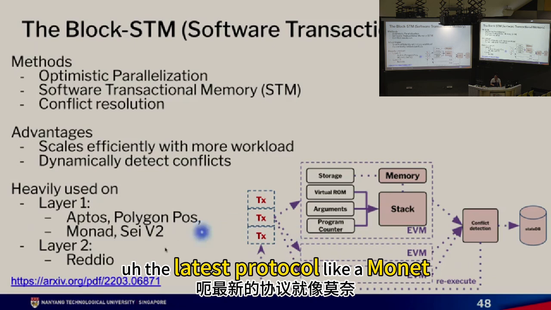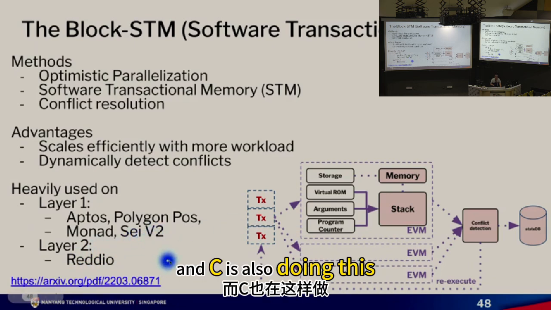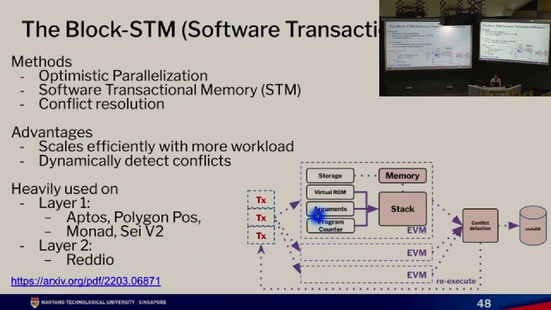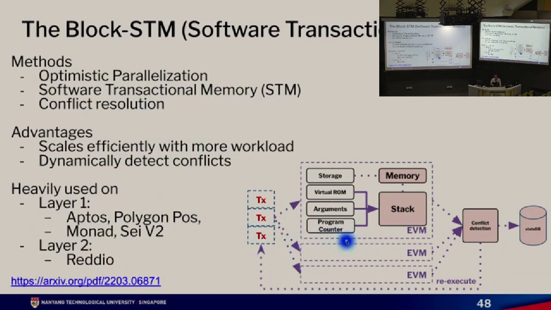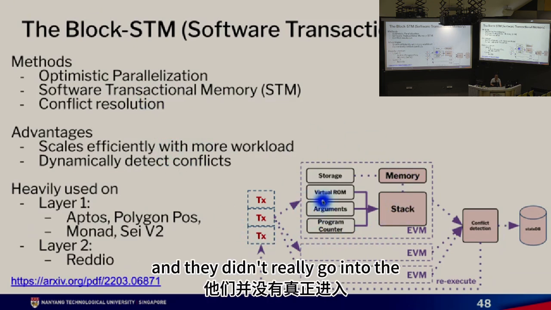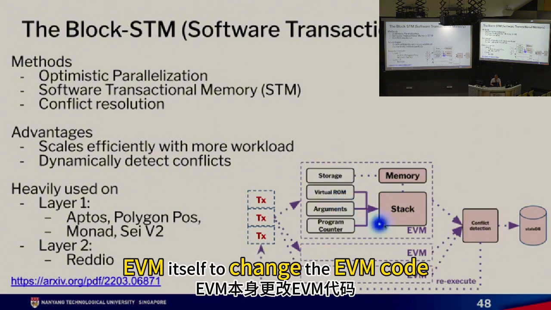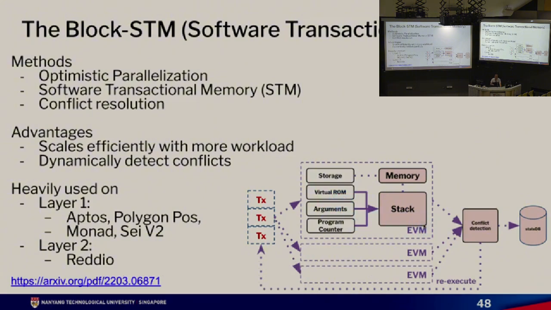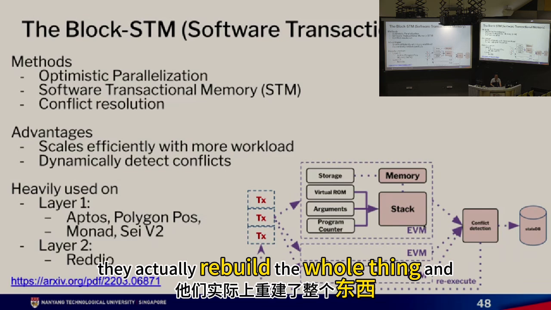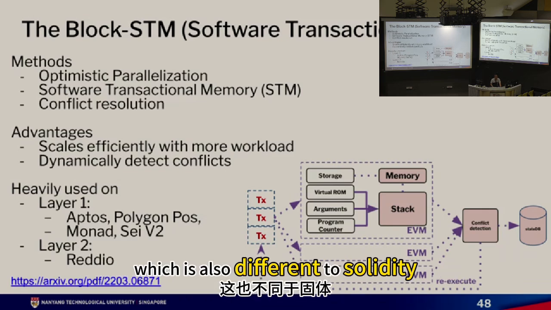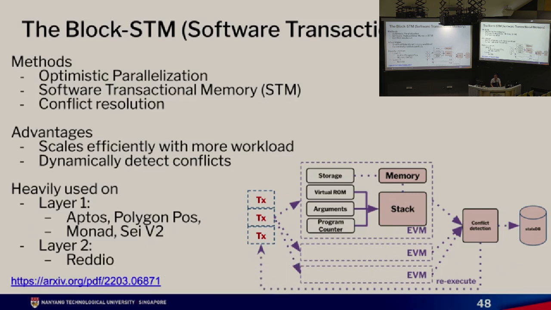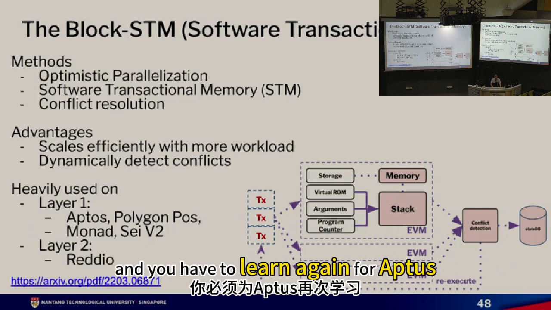The latest protocols like Monad and Sei are also doing this. But the difference is Aptos, because they were the first to invent this, didn't really go into the EVM itself to change the EVM code. They rebuilt the whole thing, and they have their own programming language, which is also different from Solidity. You have to learn again for Aptos.